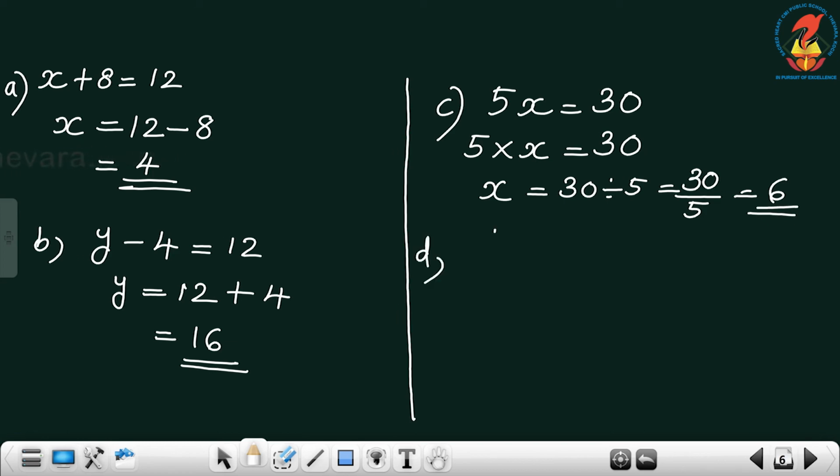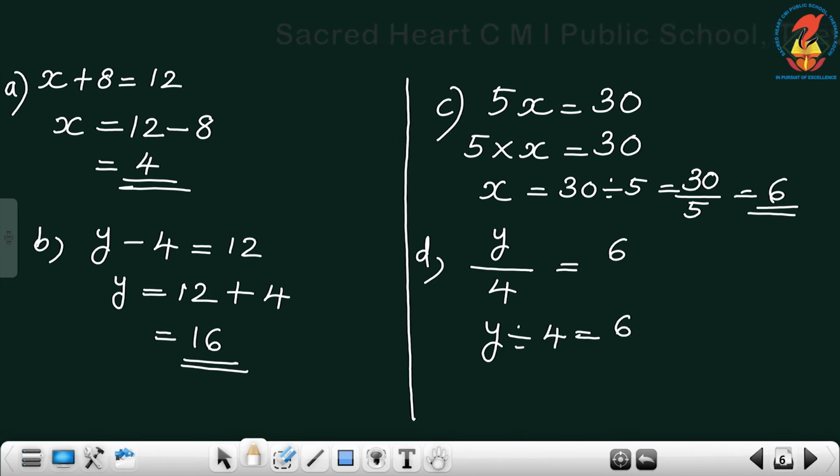Then the next one, y by 4 is equal to 6. Here we have to keep the variable y on the left hand side. We have to move 4. The meaning is that y divided by 4 is equal to 6. So you have to transpose, or move, 4 from left hand side to right hand side.